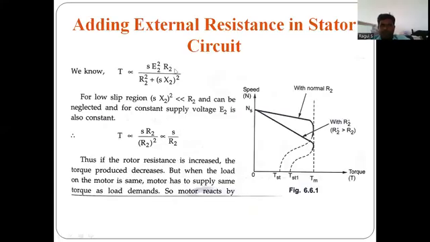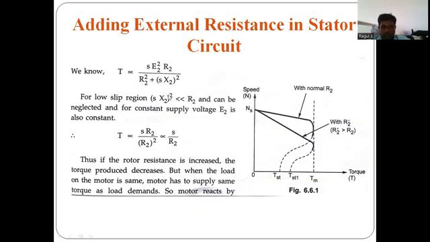If you add external resistance in the stator circuit, the resistance is inversely proportional to torque. We know the torque equation of the three phase induction motor. In the denominator it has R2 squared. In low slip regions, R2 is negligible, but in high slip regions, the rotor resistance is considered.